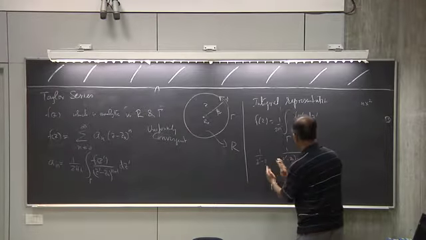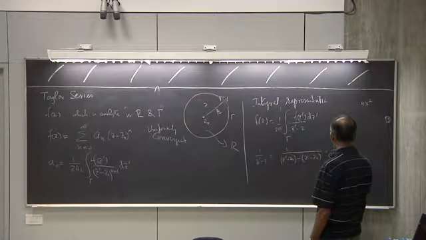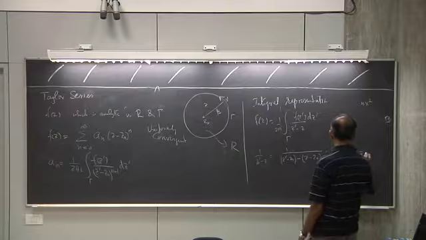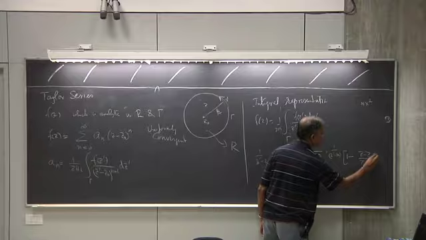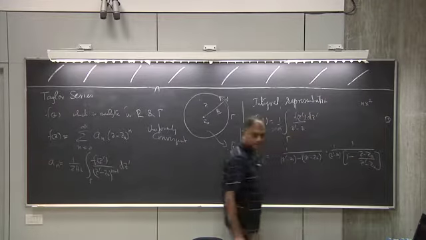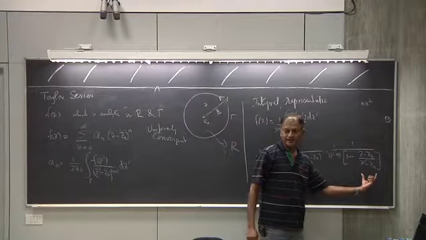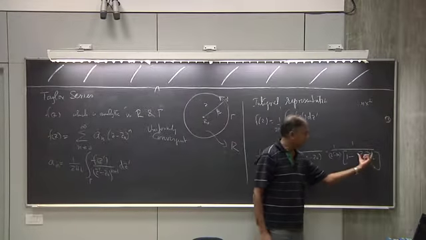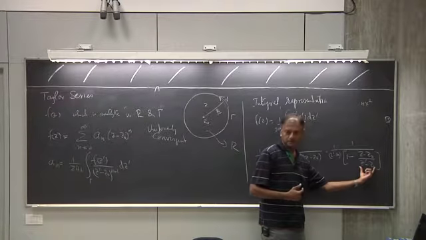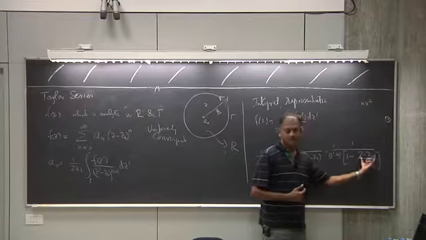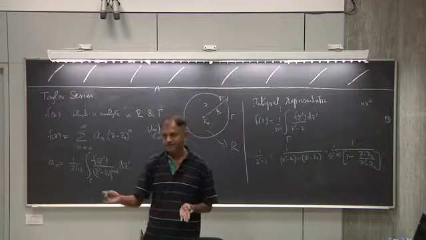So let me take out 1 over z prime minus z naught as a common factor, and then I write it as 1 minus z minus z naught divided by z prime minus z naught. You see, this is some quantity whose absolute value is less than 1, because the absolute value of z minus z naught is less than the absolute value of z prime minus z naught. So I can expand it as a geometric series.